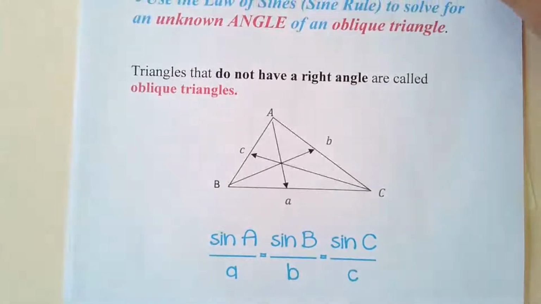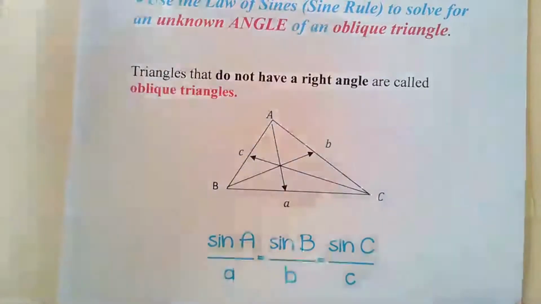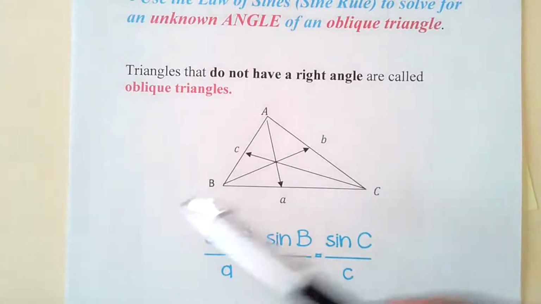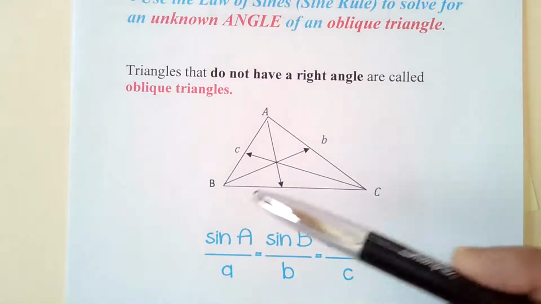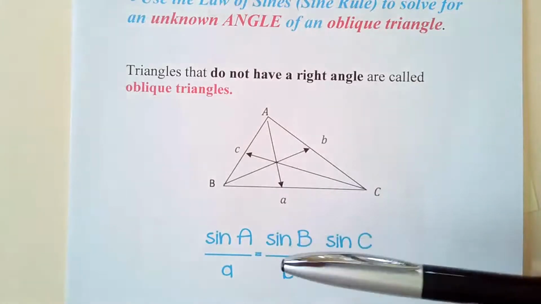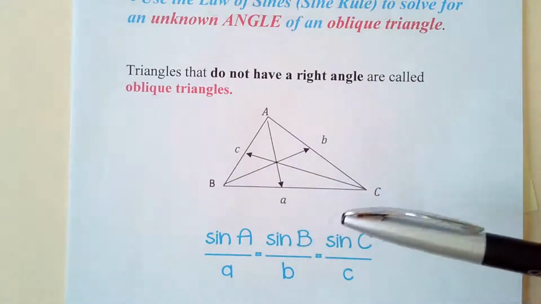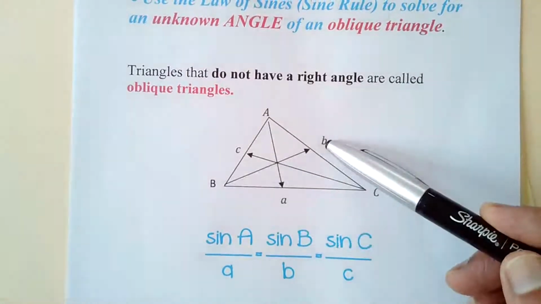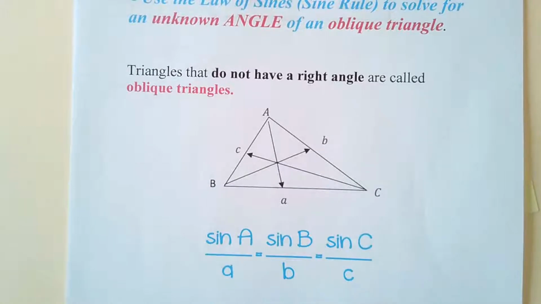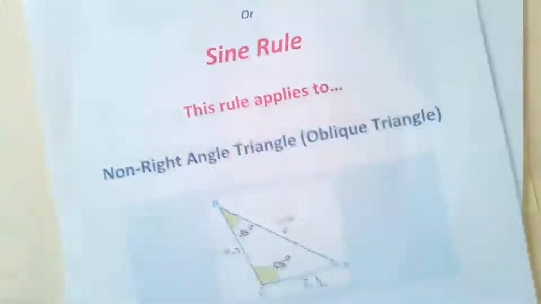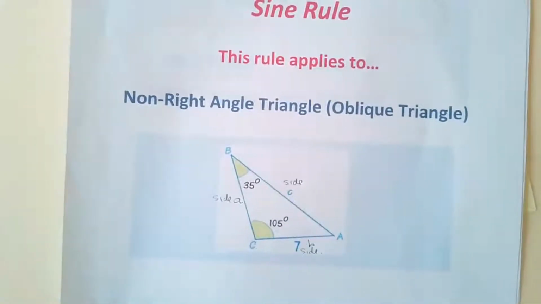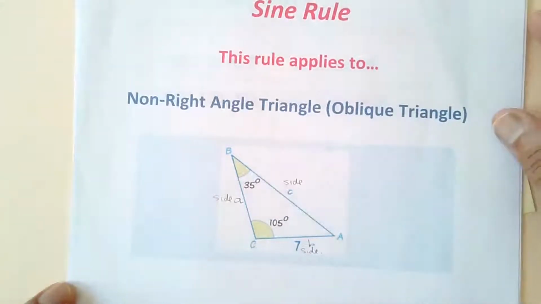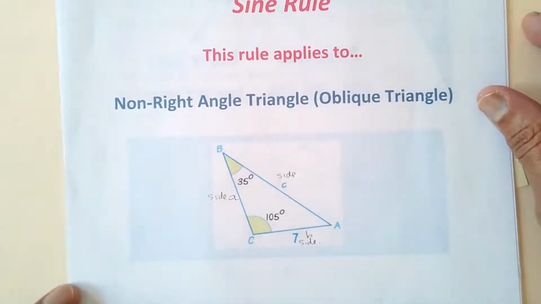Now, just to recall, whenever we are labeling, and that's the first thing we'll do after reading a question, is to label the sides of a triangle. Because we're trying to find one angle, we must be given a pair. We need an angle and a side, or what we call a matching pair, for this to work.